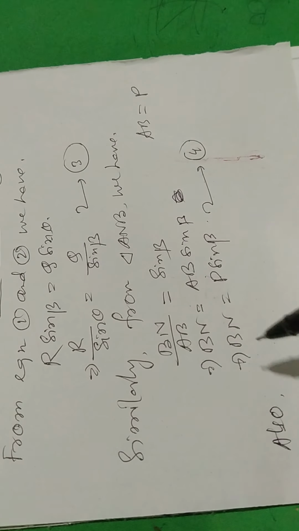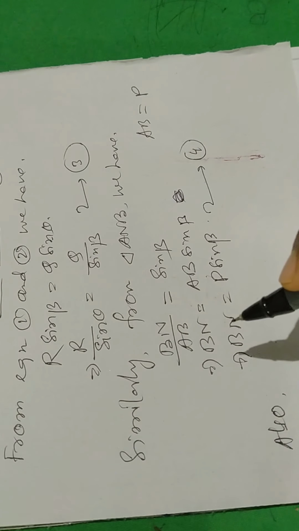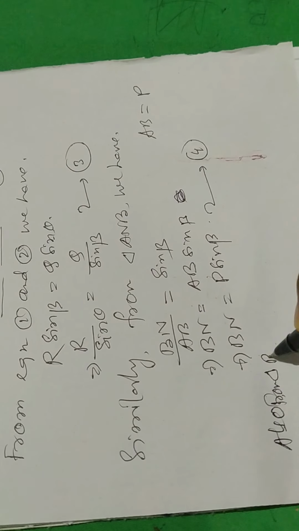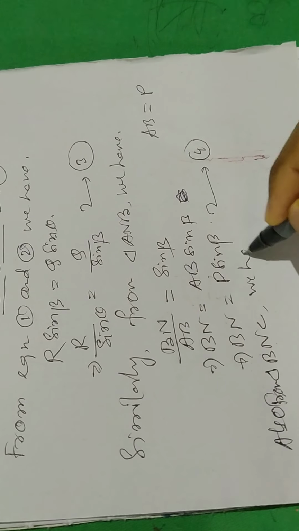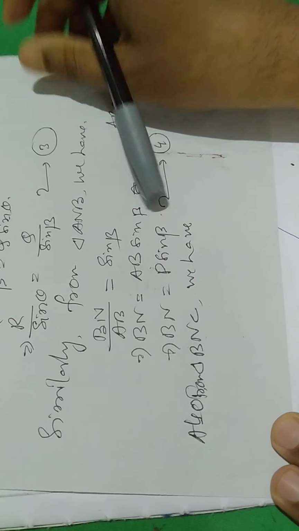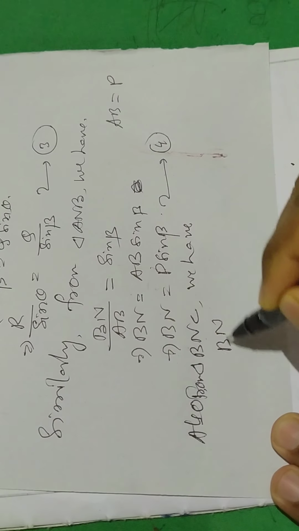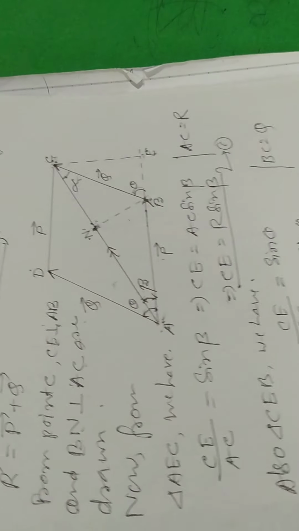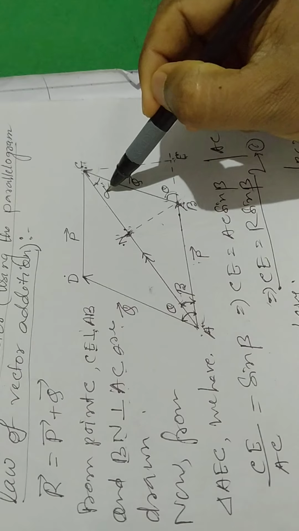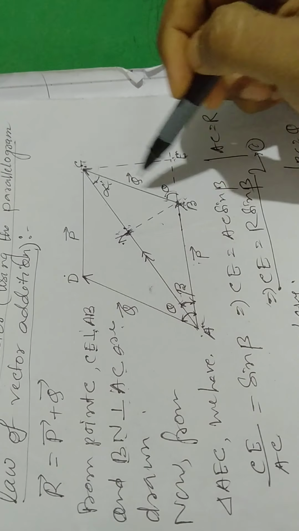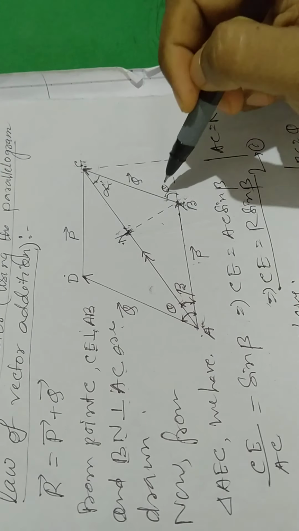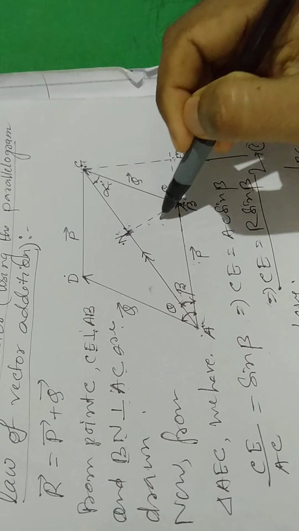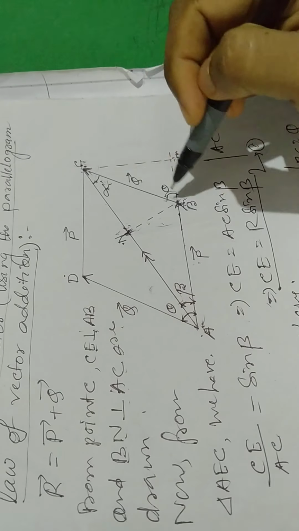Also from triangle BNC, we have BN by BC equals sine of alpha. Again you see the diagram, with respect to alpha, BN is perpendicular, BC is hypotenuse and CN is base. So taking the sine ratio, perpendicular by hypotenuse, BN by BC.